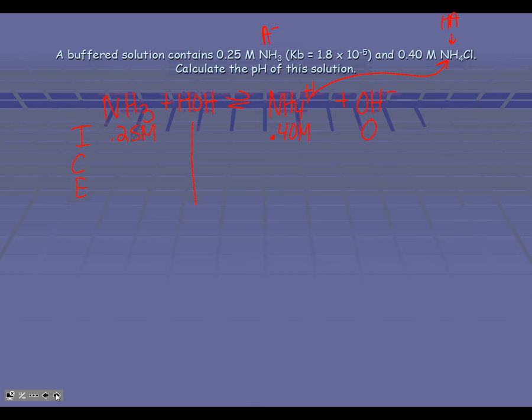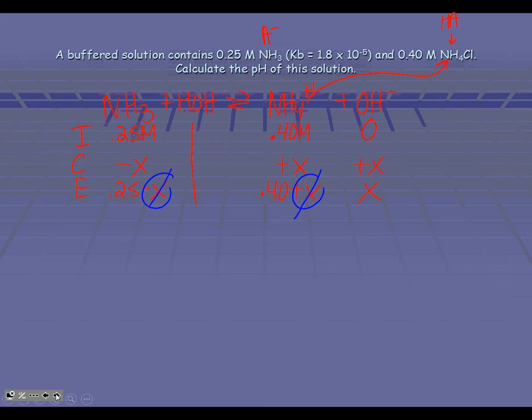Same shift as always, minus x, plus x, and plus x. 0.25 minus x, x, and whoops, I made a mistake. I got in that habit of doing the x's. 0.40 plus x and x. Just like with our weak acid problems, we're going to get rid of the x.